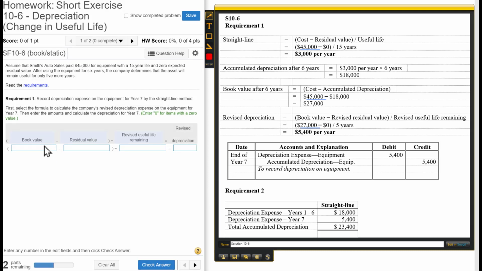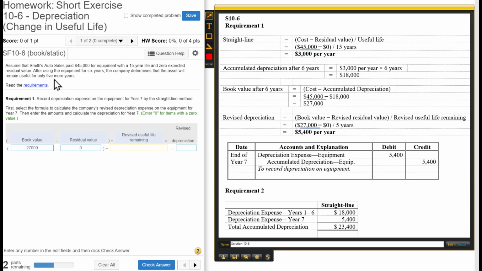So we have to take the book value at the beginning of the 7th year, which is the book value at the end of the first 6 years, so $27,000. That's the most we could depreciate over the rest of the life of the asset, minus residual value, which is still 0, which, remember, I get from up here, divided by the revised useful life remaining.